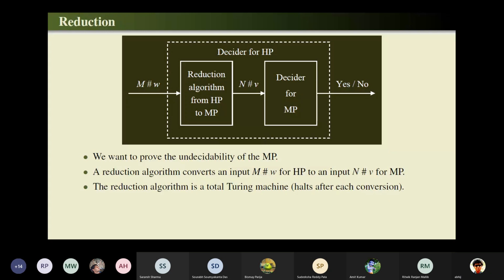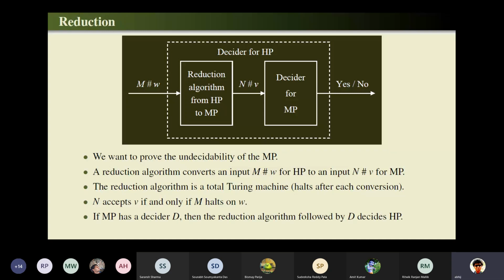And that is the correctness of reduction. N accepts V if and only if M halts on W. So if MP has a decider D, then this reduction algorithm followed by D gives me a decider for HP, and that is a contradiction. So D cannot exist.